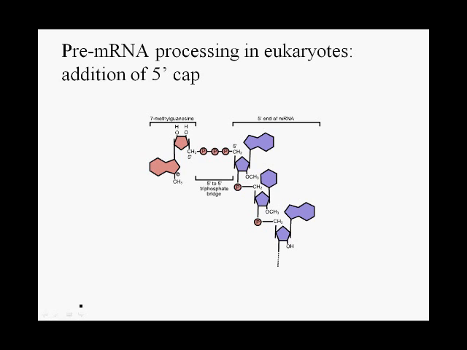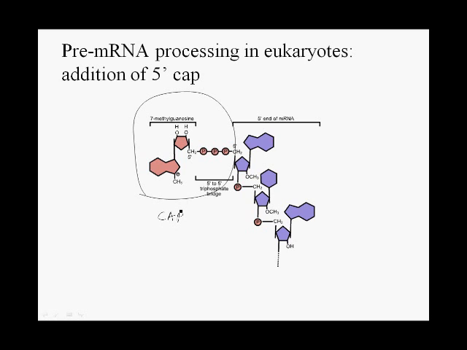So let's start with the first of these processing steps at the 5' end. Remember, this occurs still in the nucleus. At the 5' end, there's a chemical modification. This unusual modified nucleotide, 7-methylguanosine, is added with a strange 5' phosphate linkage to the 5' end of the messenger RNA.